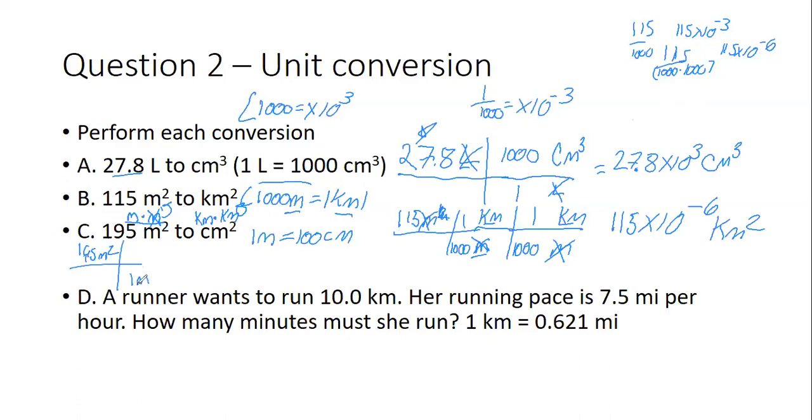For every 1 meter, there's 100 centimeters. But I have to do that twice because of the squared. 1 meter, 100 centimeters. So that is 1,950,000 centimeters squared, or 195 times 10 to the fourth, or I saw other people do 19.5 times 10 to the fifth, or 1.95 times 10 to the sixth. All those numbers are equivalent.